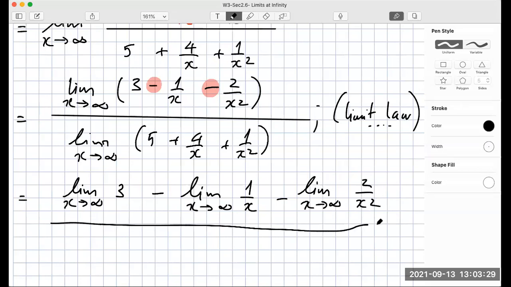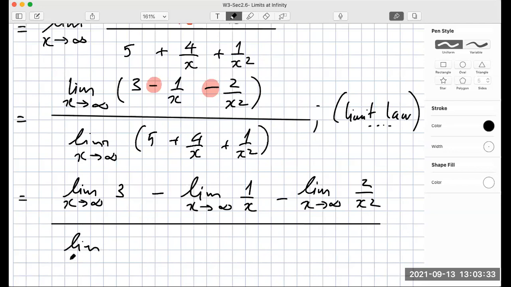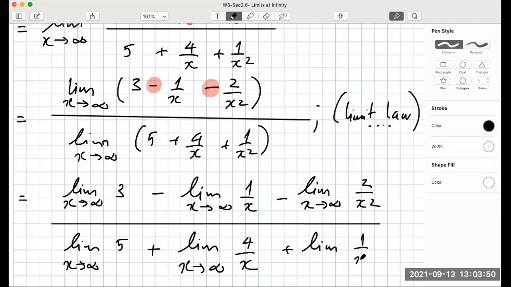Very good. Limit when x goes to infinity of 5 plus limit when x goes to infinity of 4 over x plus limit of 1 over x squared when x approaches infinity.